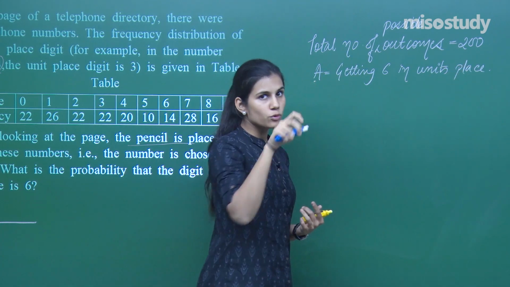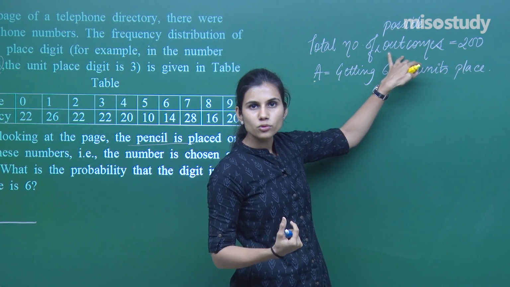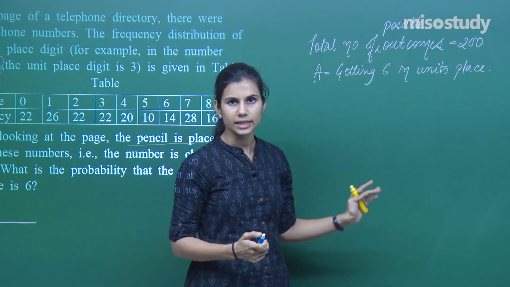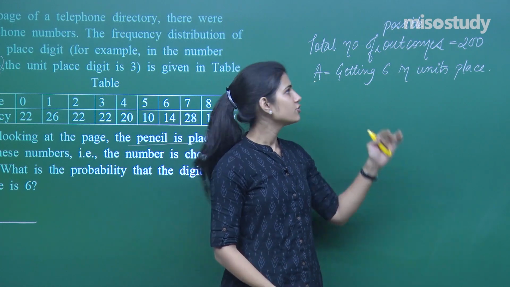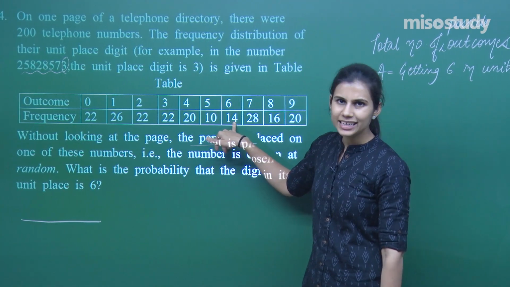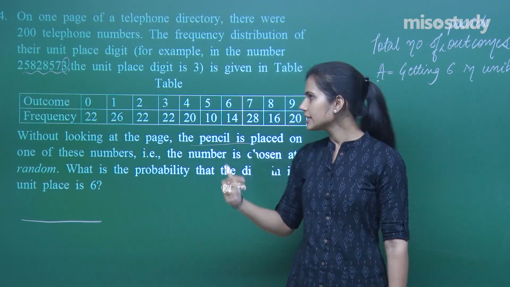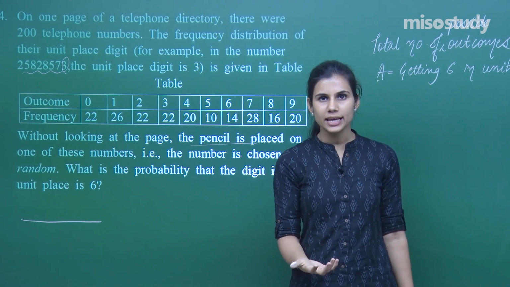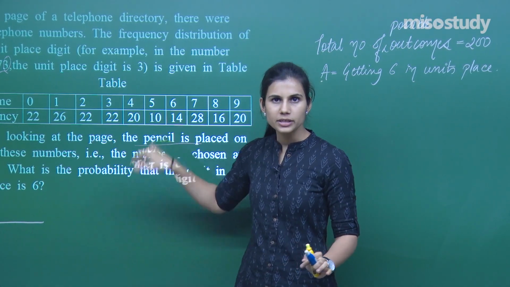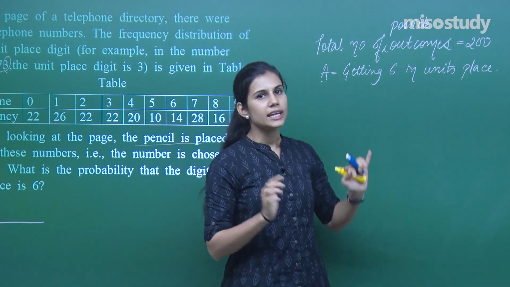That means the phone number selected when you perform this experiment of selecting a phone number from 200 phone numbers has 6 in the unit place, which is event A. How many outcomes actually favor event A? Out of the 200 phone numbers, there are 14 phone numbers which have 6 as the unit place. When any one of these 14 phone numbers is selected, event A has occurred.